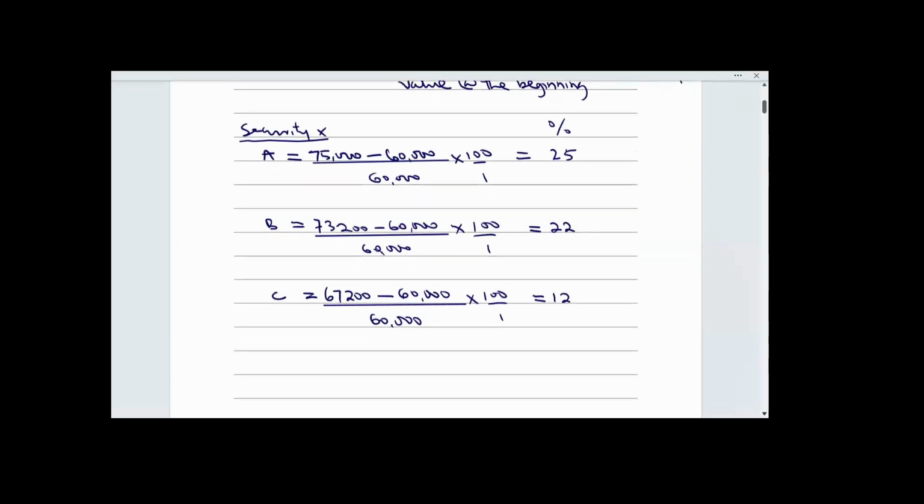We do the same thing for security Y. Under state A, the value at the end for security Y is 45,600. 45,600 minus value at the beginning, 40,000, over value at the beginning, 40,000.